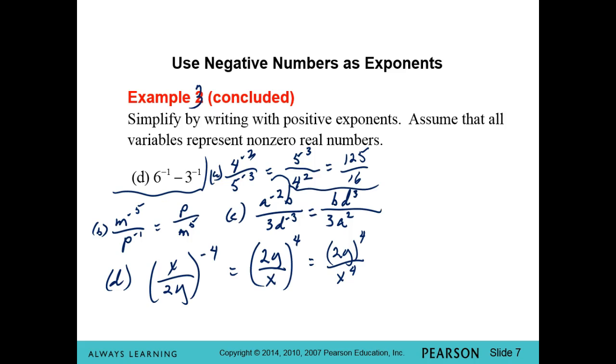Now, what's 2y to the 4th? A little louder. 2 to the 4th, y to the 4th over x to the 4th. And what's 2 to the 4th? 16. 16 y 4th over x 4th. Perfect. Way to go.